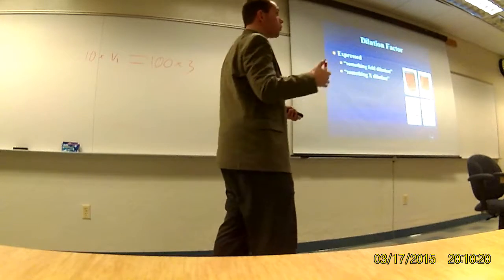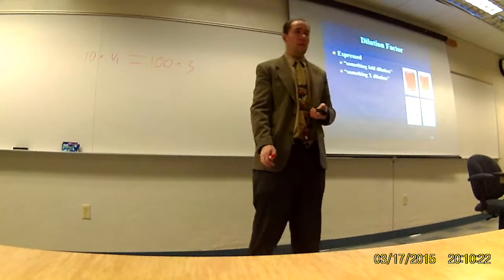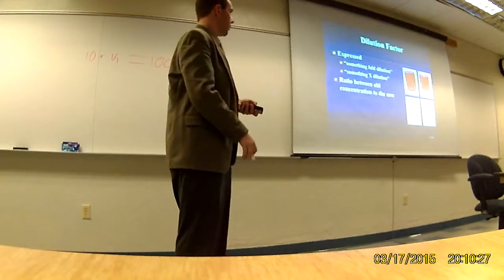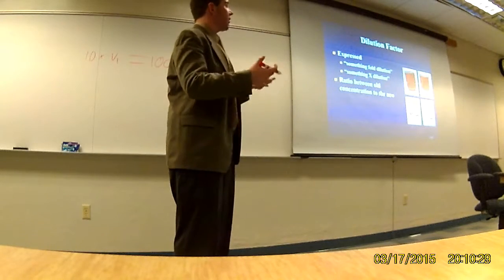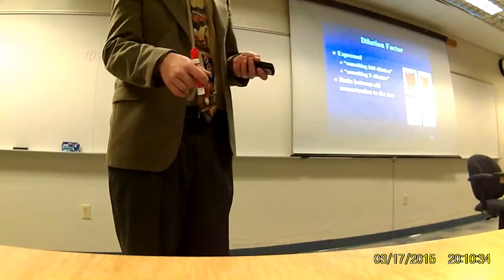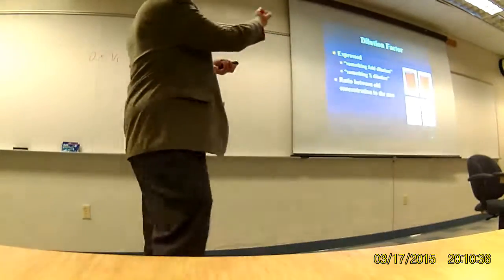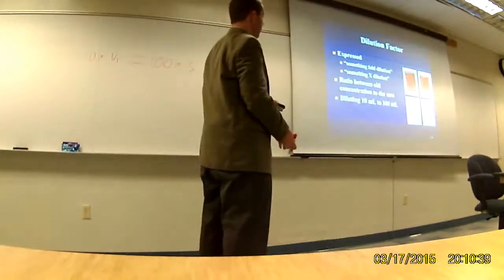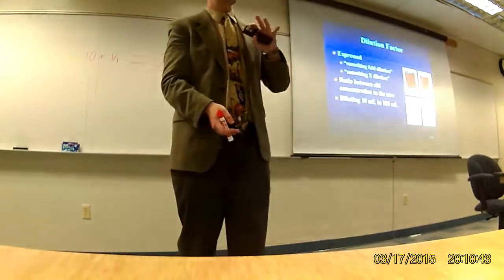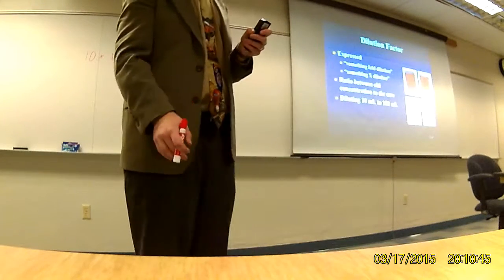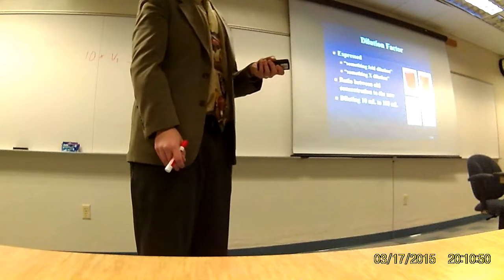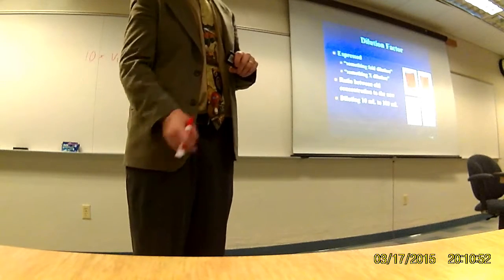We can also say it's a 2x dilution, which means the volume is now twice as much, the concentration is half as much. It's basically just telling us the ratio between the old volume and the new volume, okay? So you may see either of those anywhere. If you dilute 10 mils to 100 mils, how would you say that? It's a 10 times dilution, that's a 10x dilution, that's a 10-fold dilution. It's all the same thing.